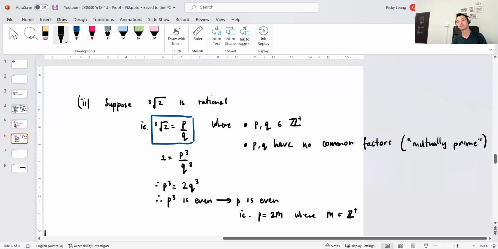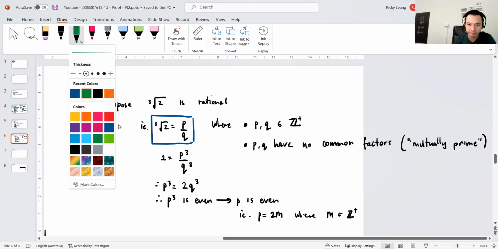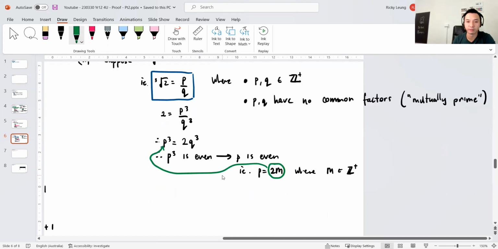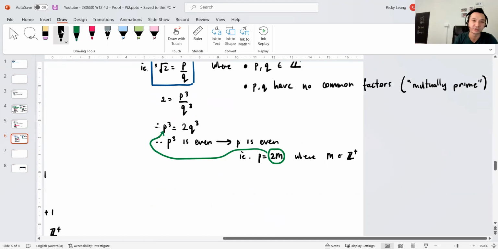And then what did we do? We plugged this guy into here, and I'm hoping to get an expression that says that q is also even, and then it's a contradiction. So let's see, I've got (2m) cubed equals 2q cubed.